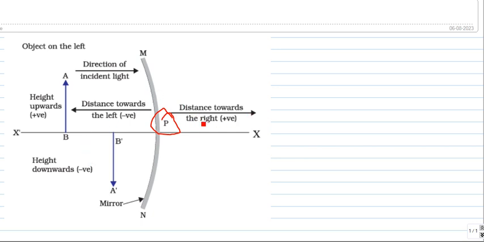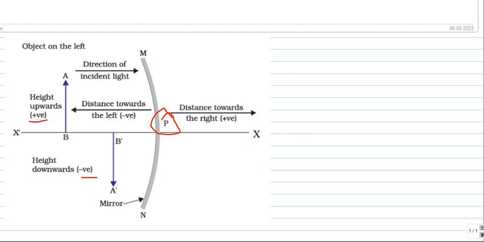So distances towards the right are positive, distances towards the left are negative. The next point is distances measured perpendicular to and above the principal axis are taken as positive. So height upwards is positive, and height downwards is taken as negative. These 5 points we have to remember to do any of the problems in this chapter.